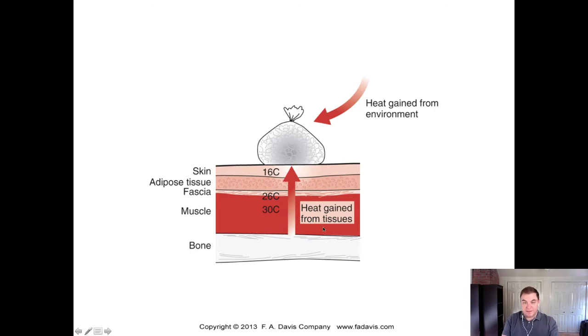But it's also getting heat from the body, right? So it starts with the skin, it goes to the adipose, then the fascia, then the muscle, maybe the bone, depending on the part of the body, but bone temperature is a lot different than muscle, skin, fascia, right? So all these environments will help actually decrease the temperature of the ice and actually start melting it.